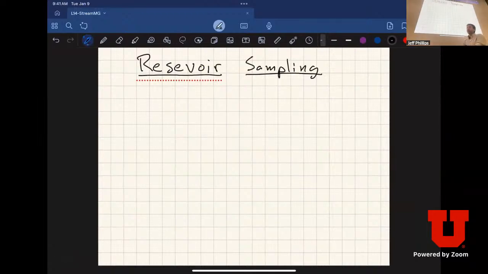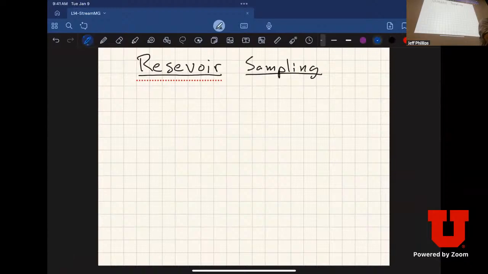The first trick we're going to use towards doing this is actually going back to the second theme of parallelism, sampling, and then streaming. How do you maintain a random sample inside of a stream?